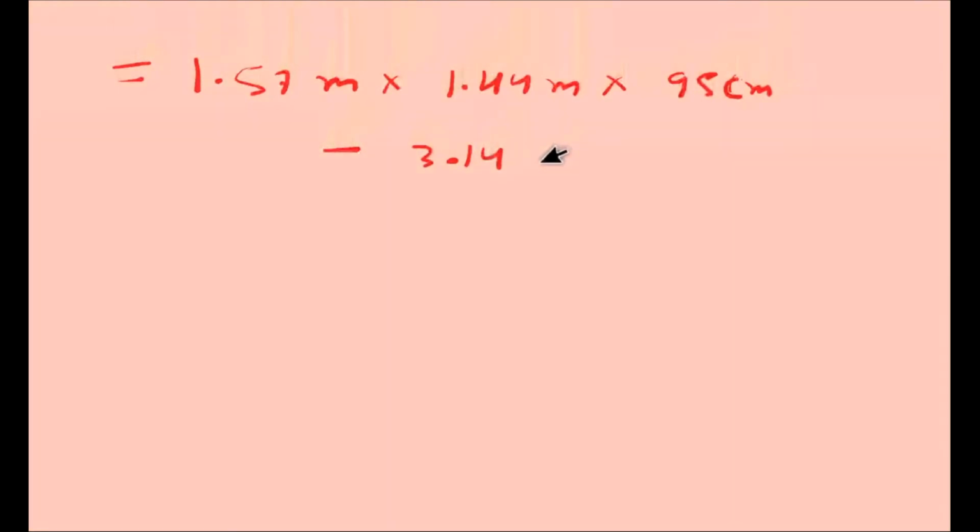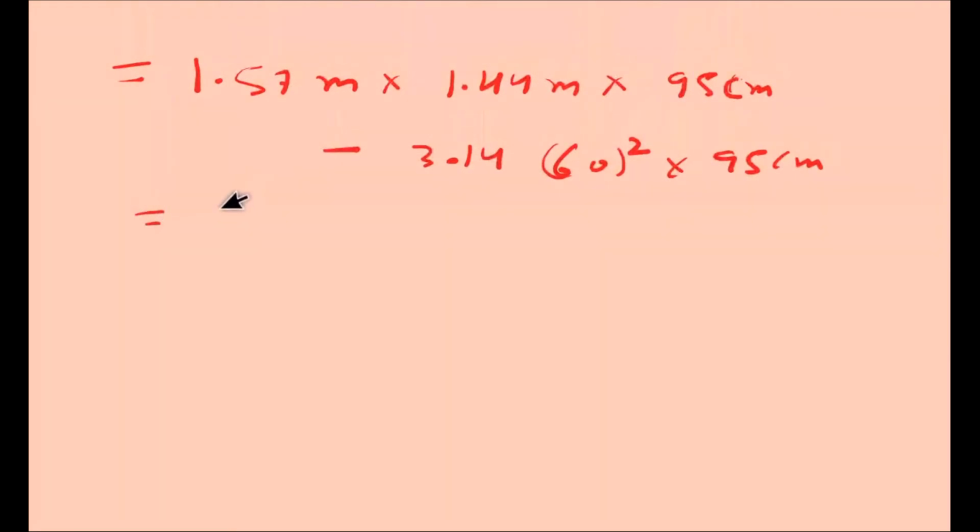Now you can see what the radius and height of the cylinder are. Right, so 60 centimeter is radius, that is pi r square with 60 squared, and height is 95 centimeter.